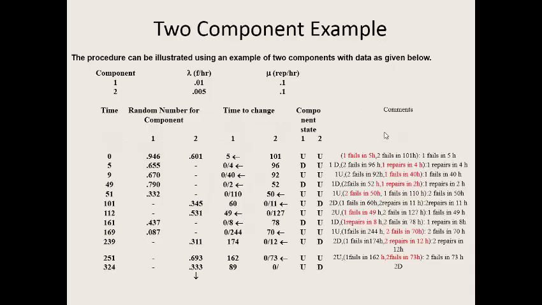This can be illustrated with the help of a two-component example. Let us say that we have got two components, component 1 and component 2. And the failure rates of these two components are these, in failures per hour.